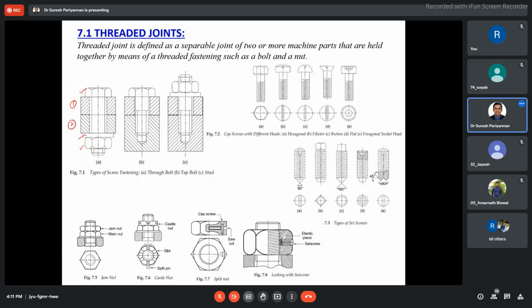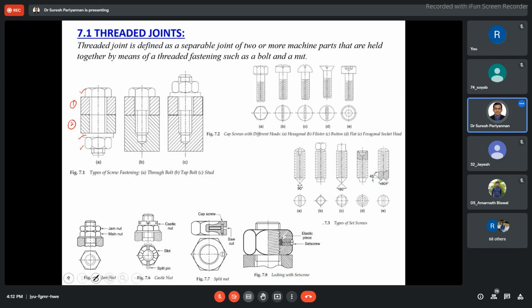Now, a bolt is a fastener with a head and a straight threaded shank, intended to be used with a nut to clamp two or more parts. That's what I told you earlier.